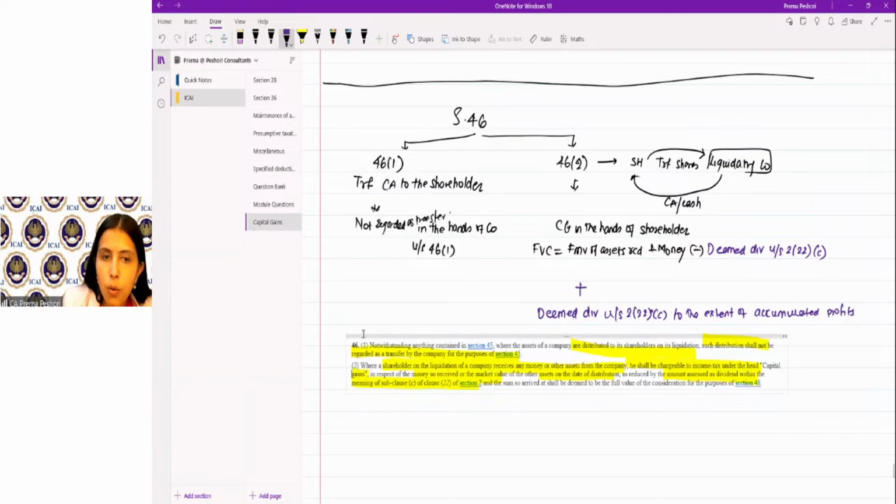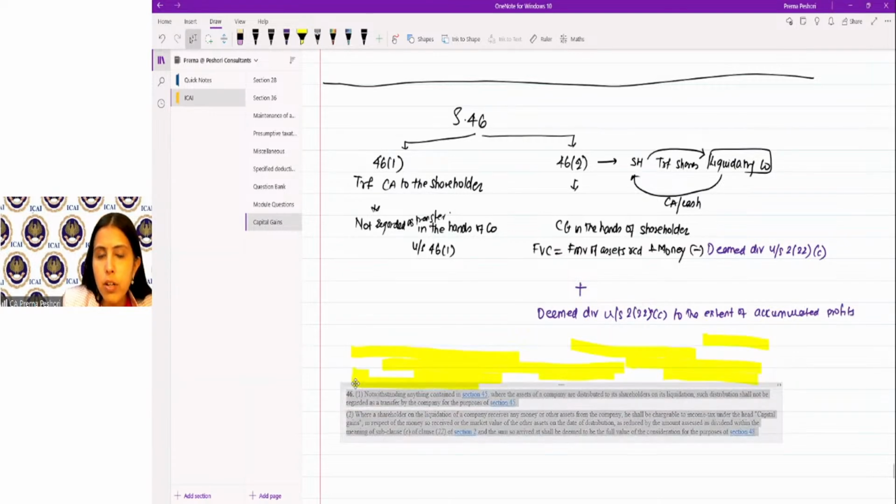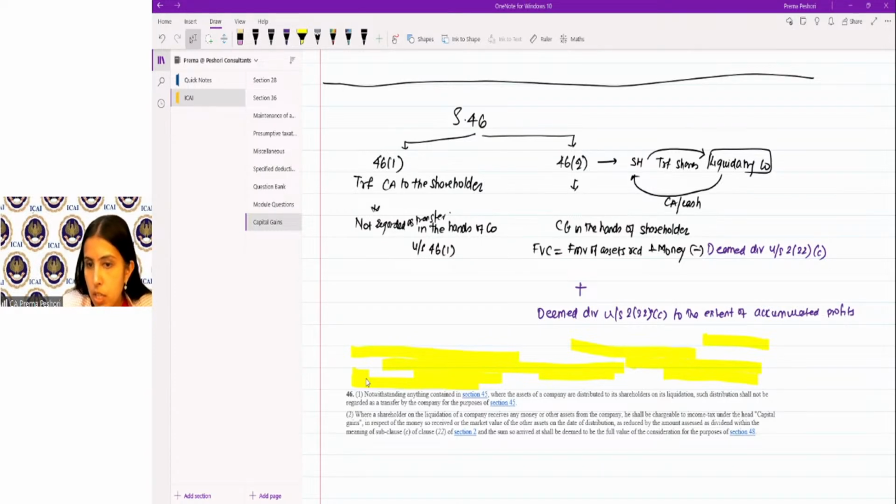Now, what will be the period of holding over here? What will be the period of holding in this case for the shareholders? So the period of holding will be till the date of the commencement of liquidation. Date of commencement of the liquidation. Are we clear? Date of the commencement of the liquidation.